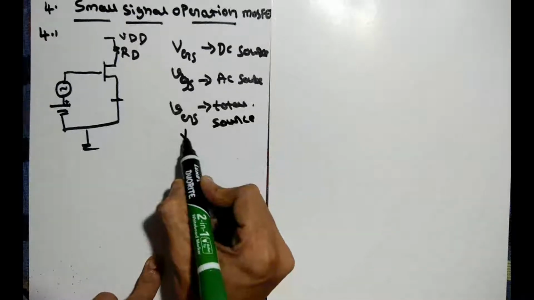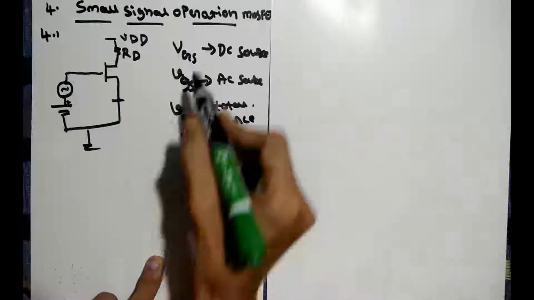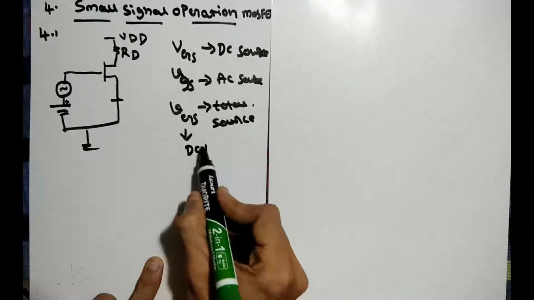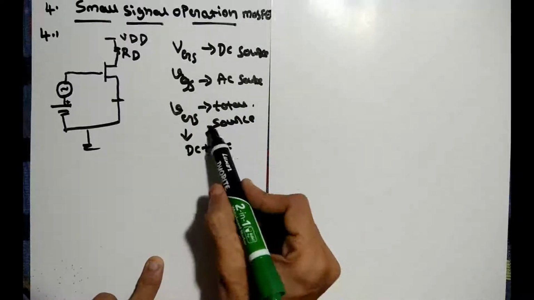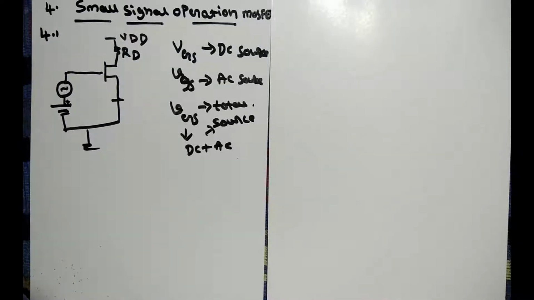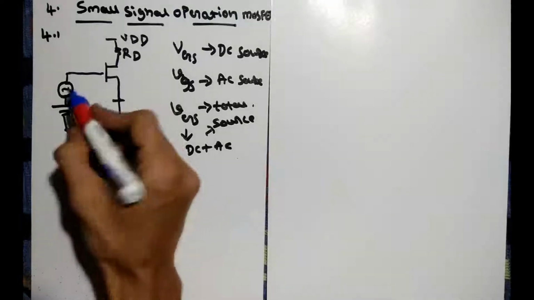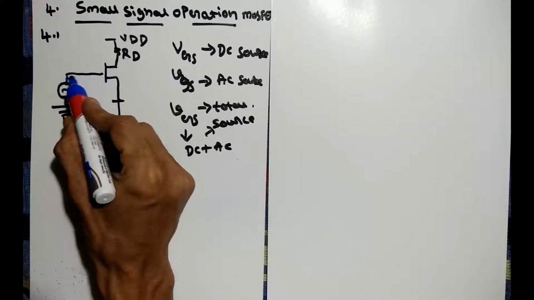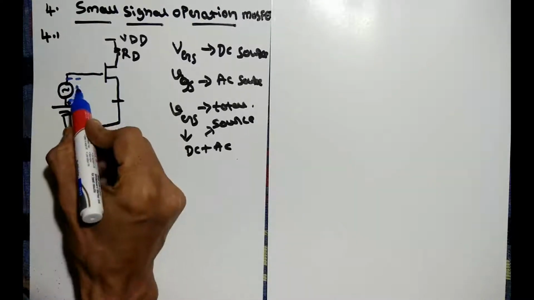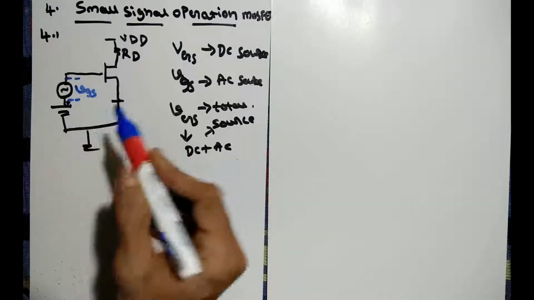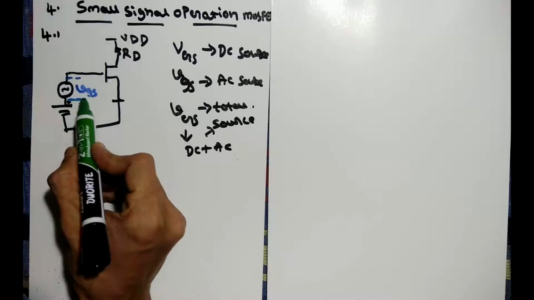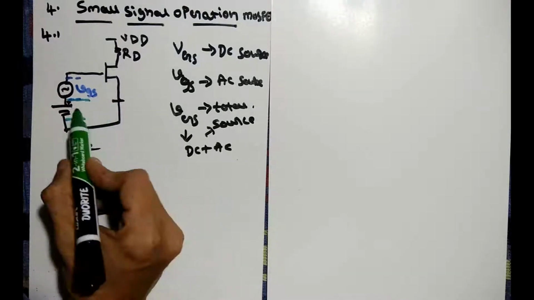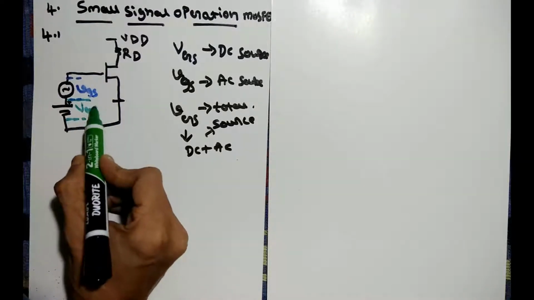This is always the addition of DC and AC. Whatever DC signal and AC signal we have, that addition we call the total source. So here, the AC signal we can write as small vgs, and the DC portion we call capital VGS.